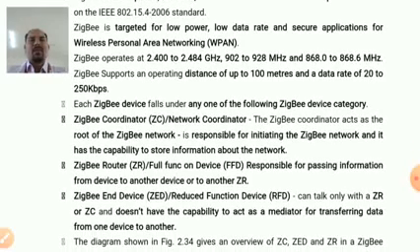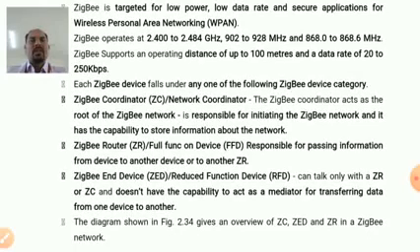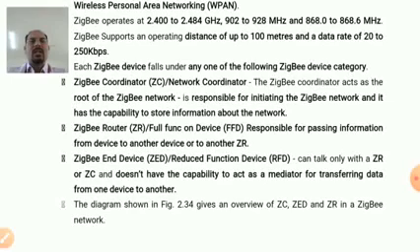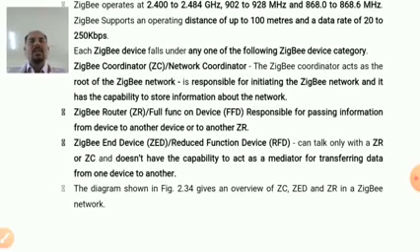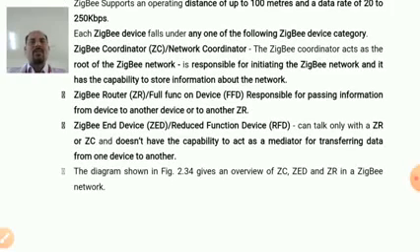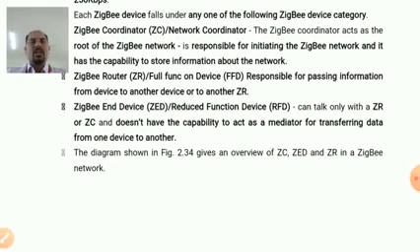A Zigbee device falls under any one of the following categories. The Zigbee coordinator, also known as the network coordinator, acts as the root of the Zigbee network, is responsible for initiating the network and has the capability to store information about the network. Next is the Zigbee router, also called a full function device, responsible for passing information from one device to another device or to another ZR.